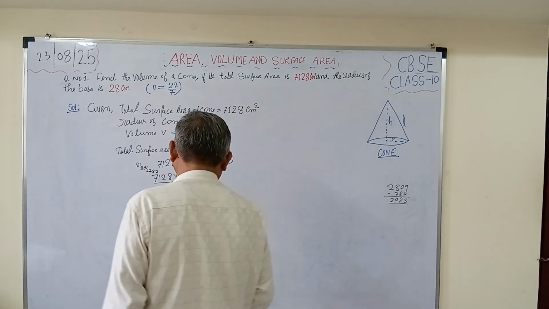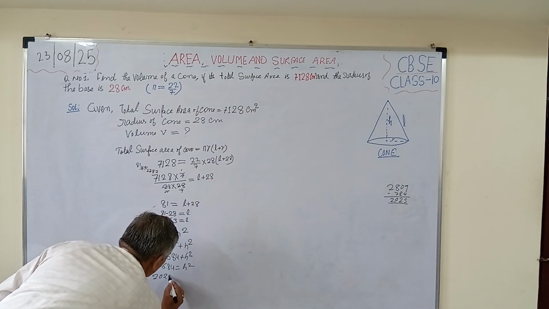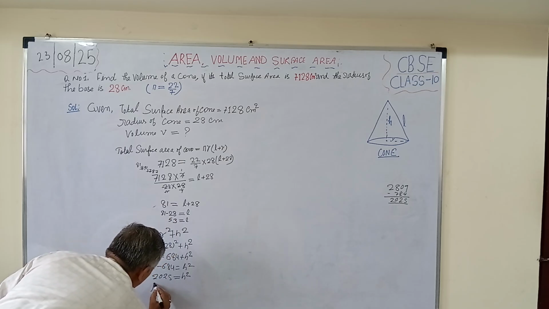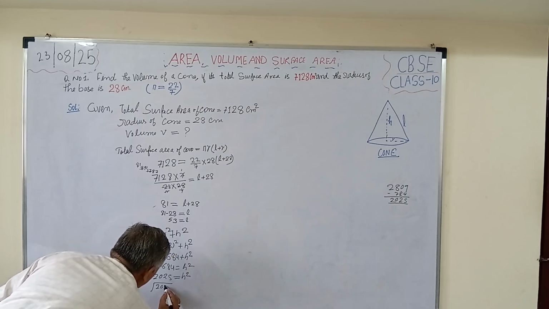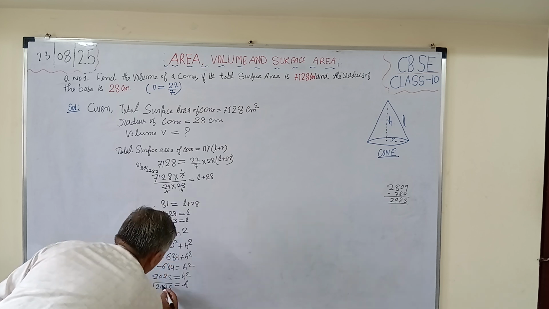So we get 2025 equals H square, or square root of this 2025 will be H.